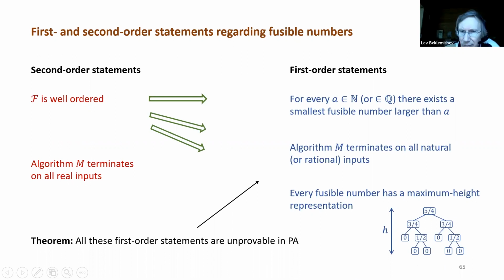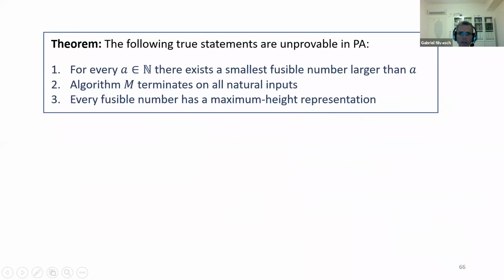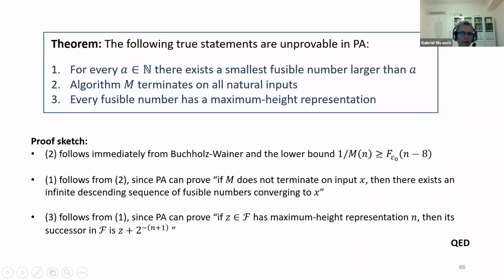Fusible numbers can be represented in many different ways with different heights, but there's always a maximum height. Every fusible number has a maximum height. Why? I didn't write this here, but if Z is a fusible number which has a representation of height n, then Z plus 2 to the minus n plus 1 is also fusible.